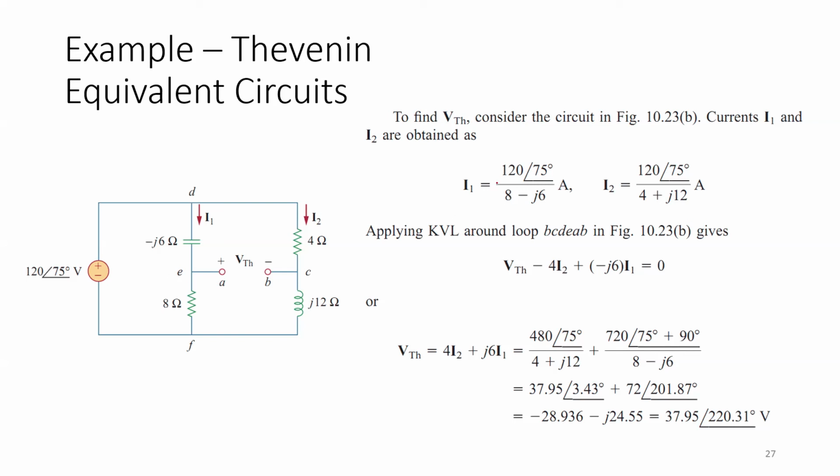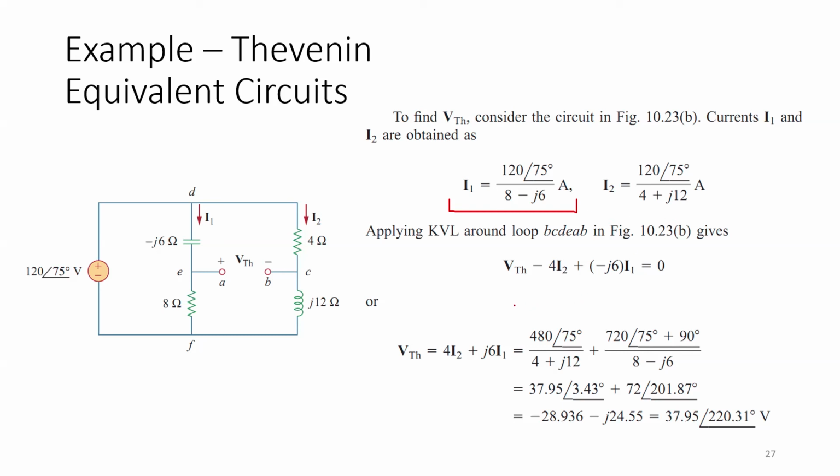For example, here the voltage drop across these two elements, minus J6 and 8 ohm, is 120 angle 75, and these two are in series connection, so the total current flowing through them is given by this relationship. Similarly, this I2 current can be found by simply dividing this voltage by the total impedance, which is the series impedance of these. So we now get the currents I1 and I2.